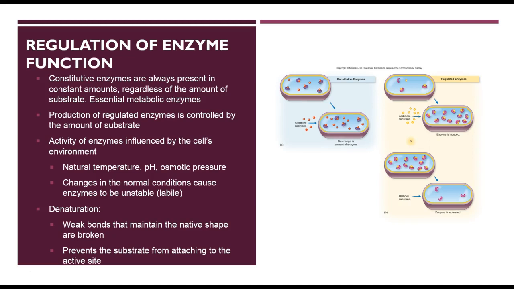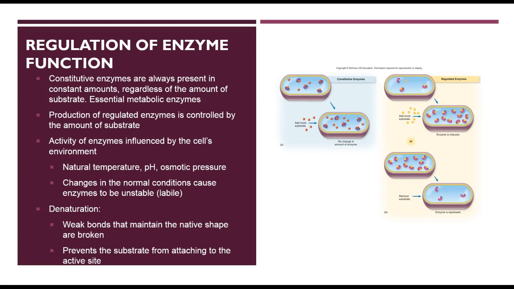The activity of enzymes is really dependent on the environment within the cell. Enzymes are proteins, and they are sensitive to things like temperature, pH, osmotic pressure. So changes in those characteristics within the cell also affect the action of enzymes. And that can lead to instability of the enzymes and eventually denaturation.